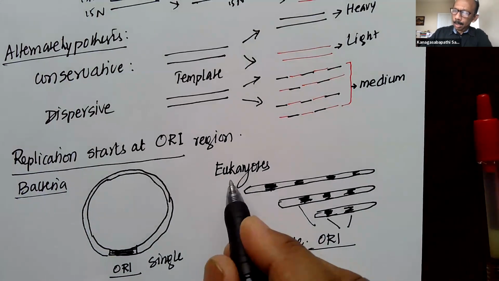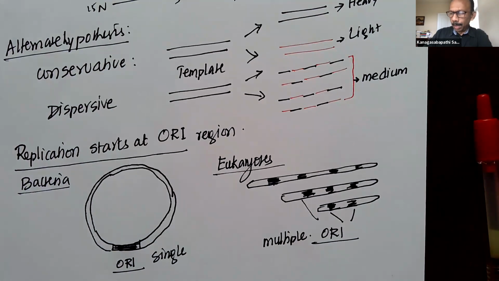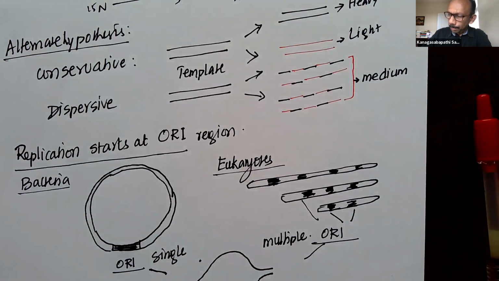So what happens at this origin of replication is the DNA kind of opens up. And that's where the replication has to happen. And so this is called a replication bubble.